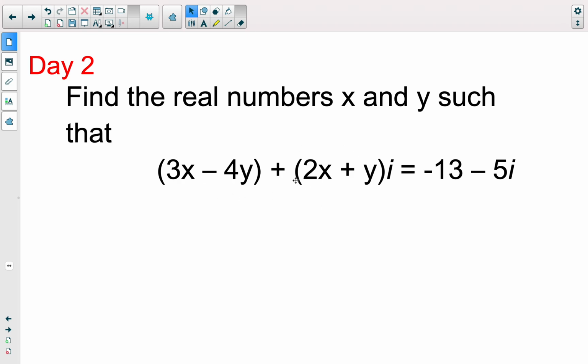This second group here, 2x plus y, would be considered the imaginary portion of the complex number because it's being multiplied by the imaginary unit i here. So the system comes into play when we associate that the real portion of the left side of the equation here is equivalent to negative 13, and the imaginary portion over here is equivalent to negative 5.